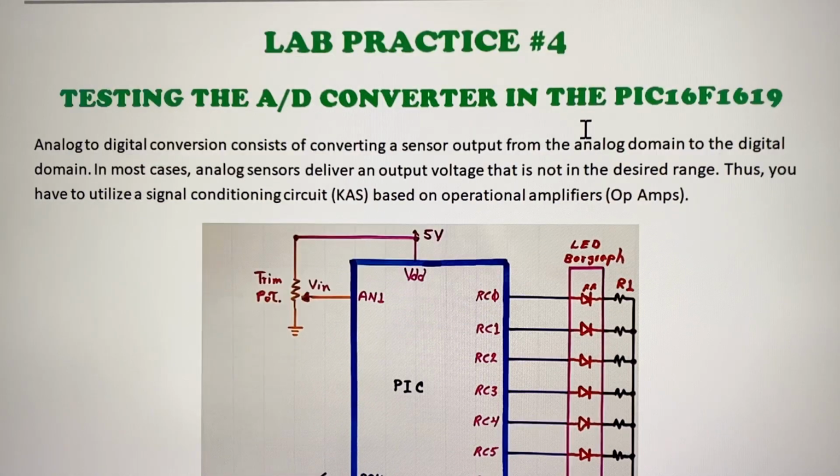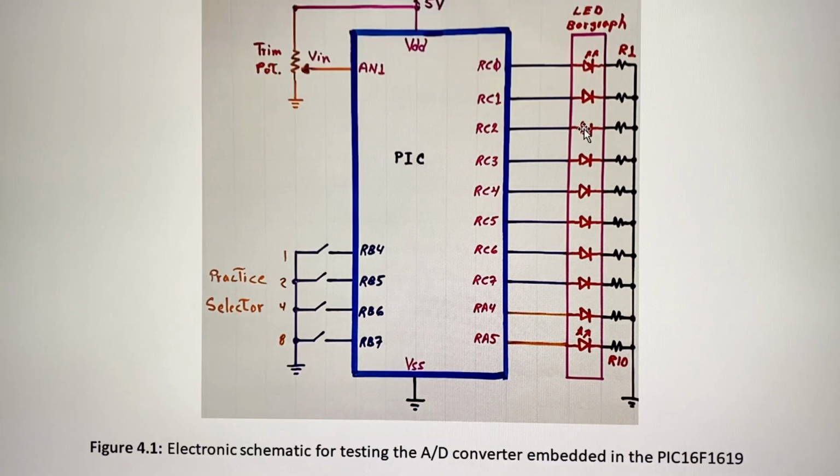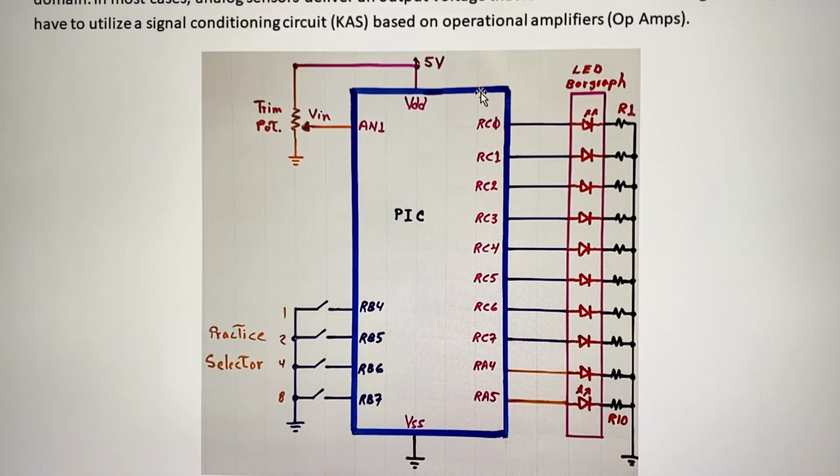In this case, we will see this practice, where we apply a voltage on analog input AN1 on port A. That voltage will be applied using a trim potentiometer, a trim pot, which can be any value within 5K up to 100K.